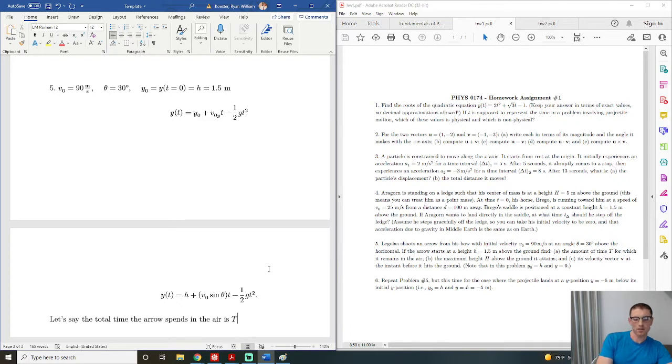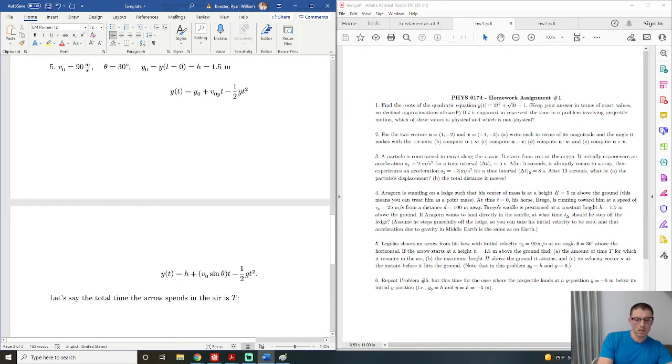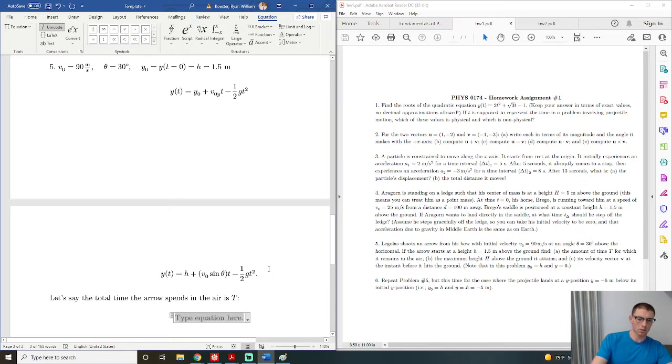Now we have to think a little more critically, because we want to take this equation and plug big T in. We would say y of big T equals h plus v naught sine theta big T minus 1/2 g big T squared.